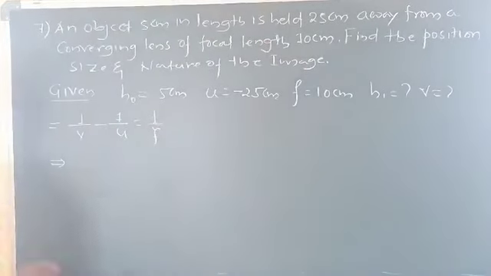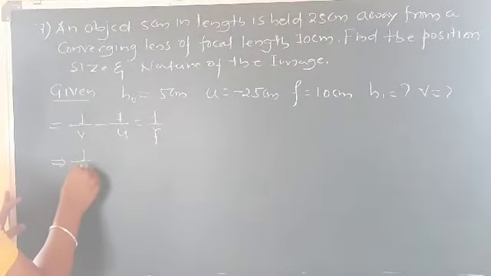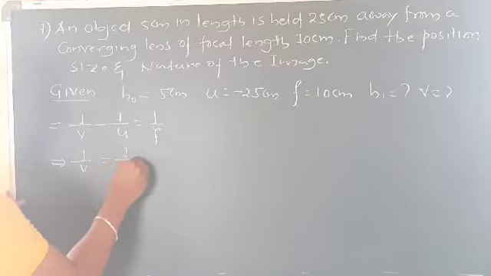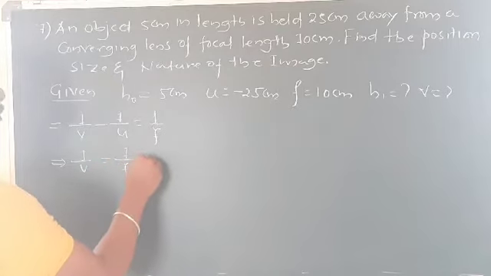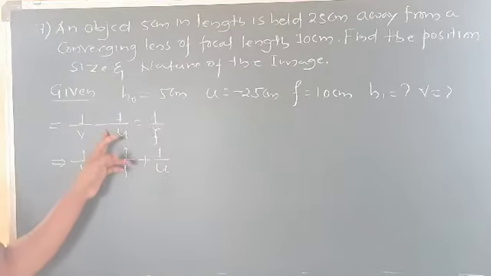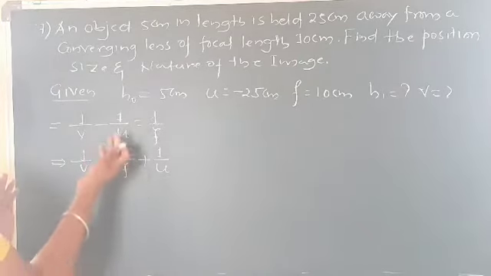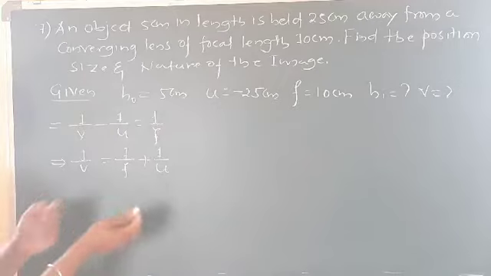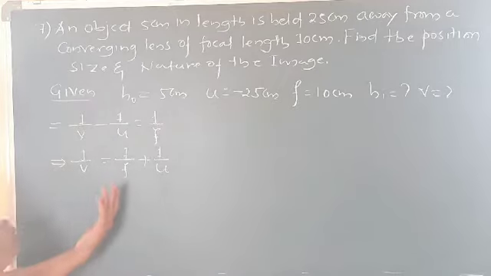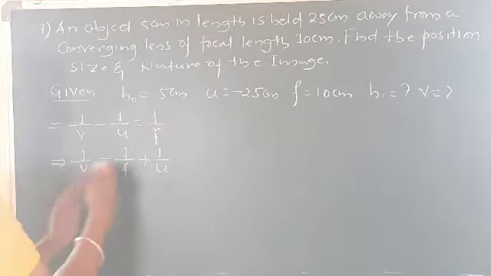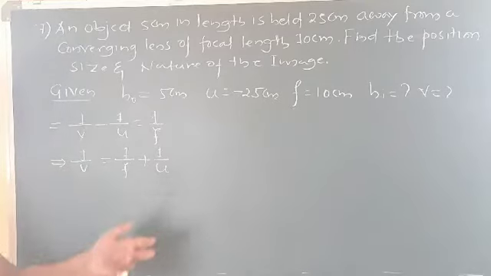So 1 by V, keep as it is. Now 1 by F, and when a term moves from one side to the other, plus becomes minus and minus becomes plus, so the signs change.